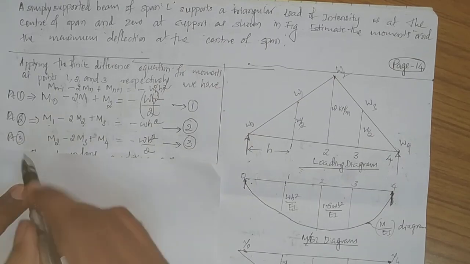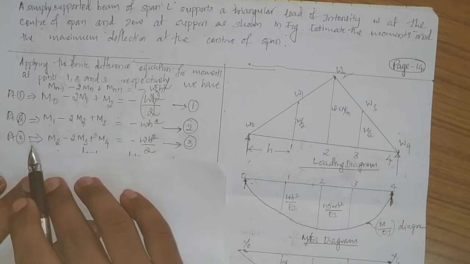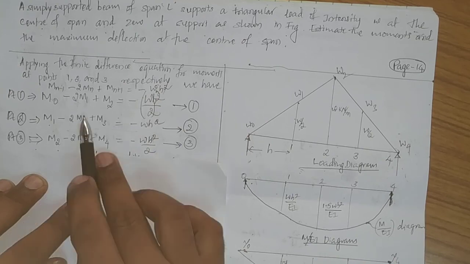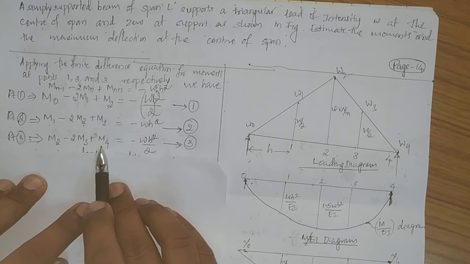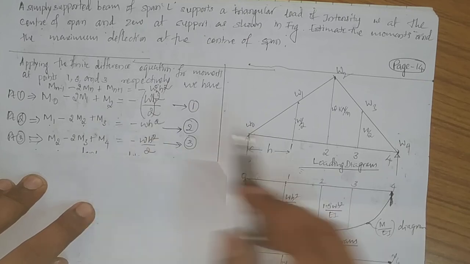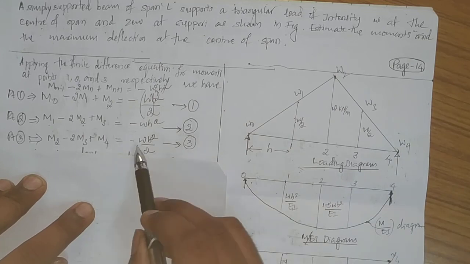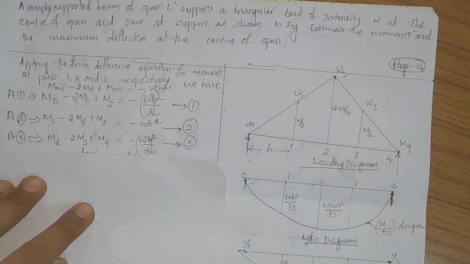Let us apply this method at point number 3: M2 minus 2M3 plus M4, which is equal to, and again here W by 2 only, so minus W by 2 into h square. You call that equation number 3.